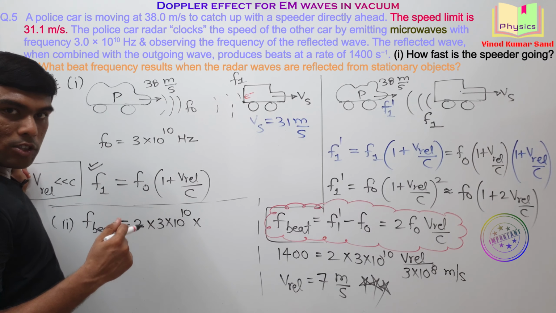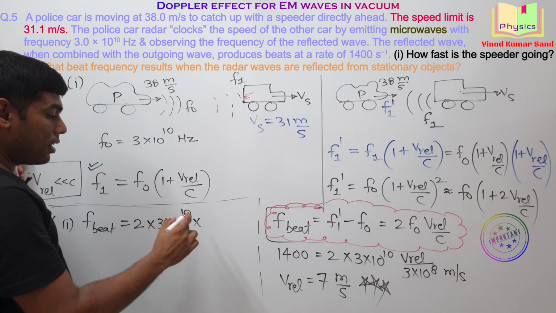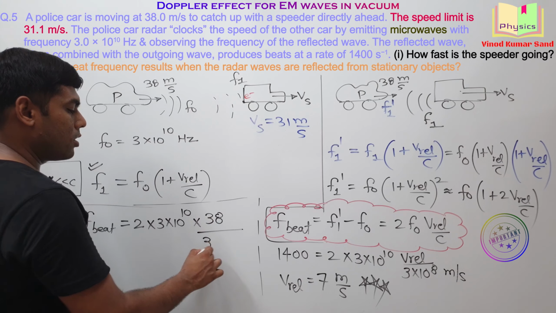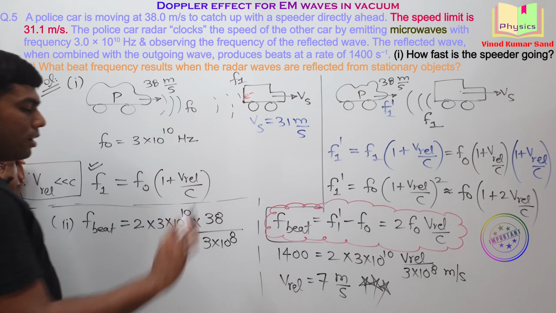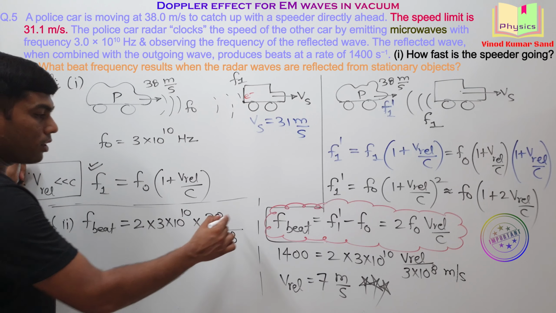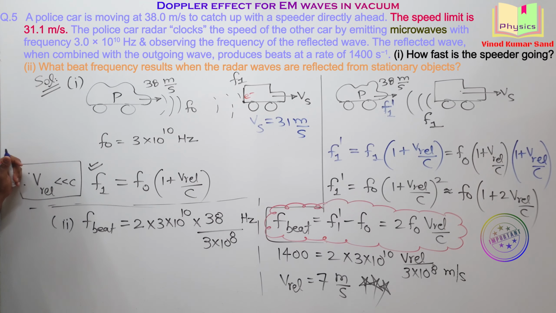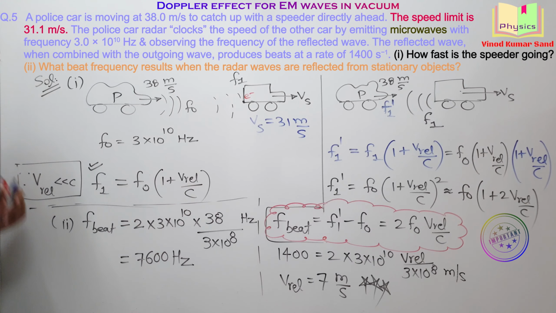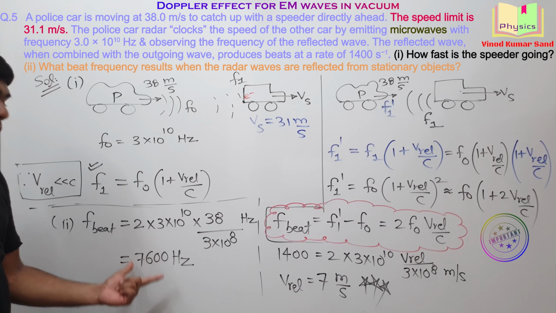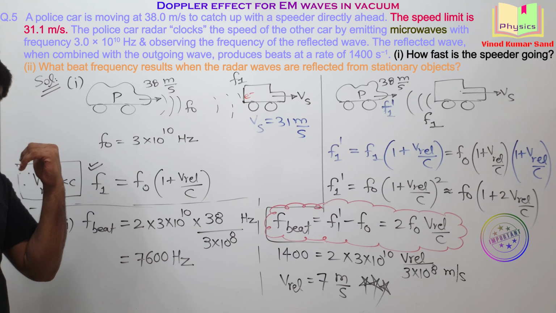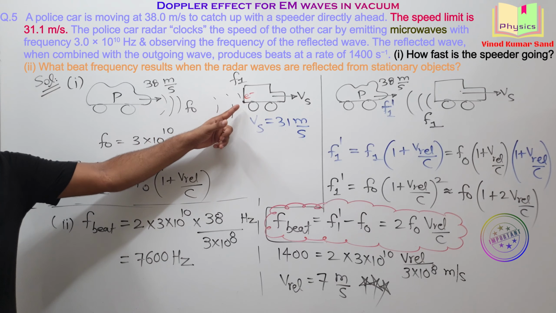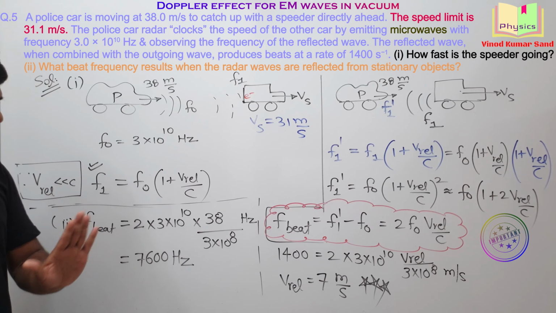Stationary objects are at rest, so relative to them the police car is moving with the speed of 38 meter per second, divided by the speed of light, 3 into 10 to power 8 meter per second. Got it? Your answer will come in hertz. Doing this computation we get the answer as 7600 hertz. So from the stationary object the reflected waves will give us more beat frequency as compared to the moving speeder. You can note it down.